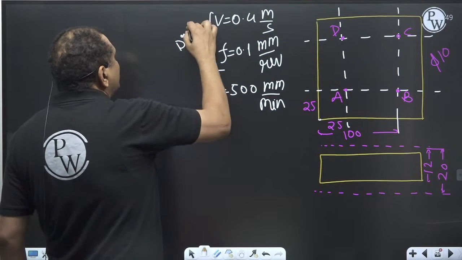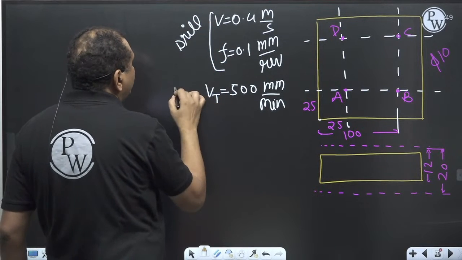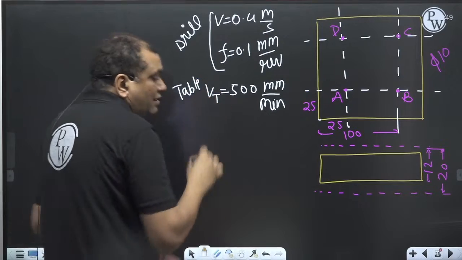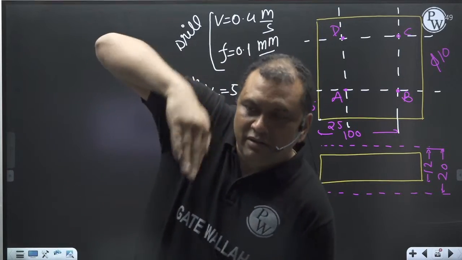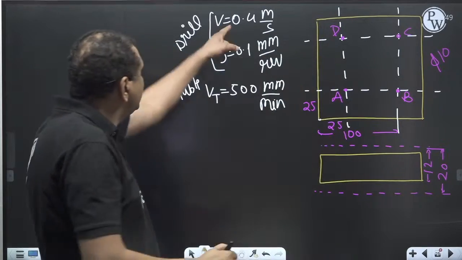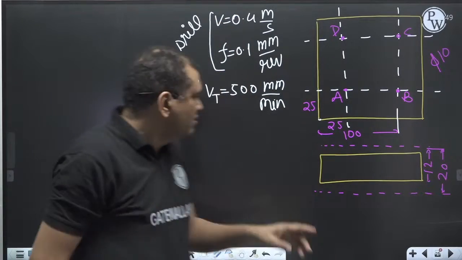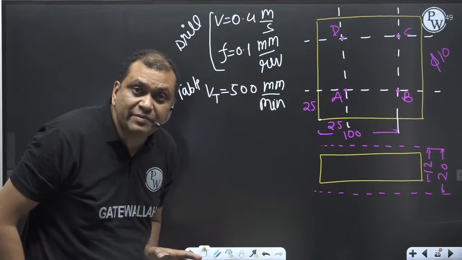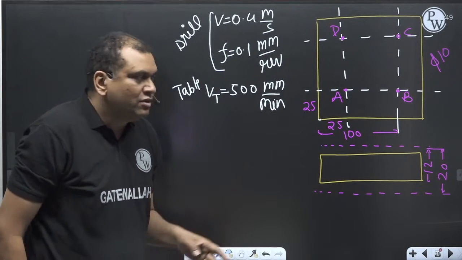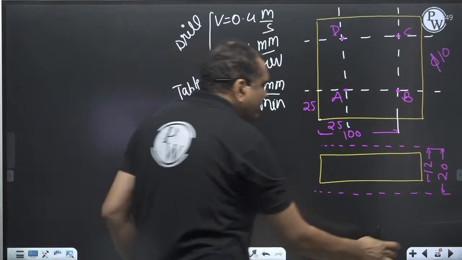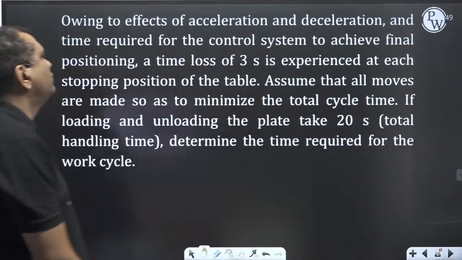This is the velocity for drill, and this is the velocity for table. Like we are performing the drilling operation, na? Drilling operation, that velocity is 0.4 meters per second. And when the table is moving in this direction, that velocity is 500 millimeters per minute. So this is the information available on page number 2.